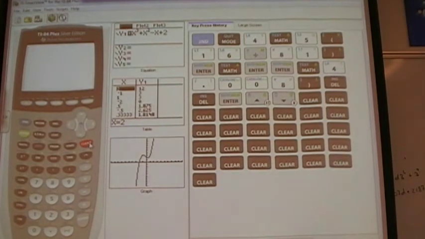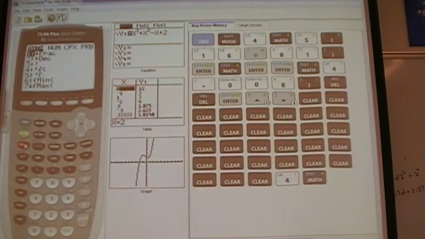Should clear the whole screen if you get clear. Okay, hit the number 4, since we want to take the fourth root. Hit math, and the number 5. And that's what you should get.